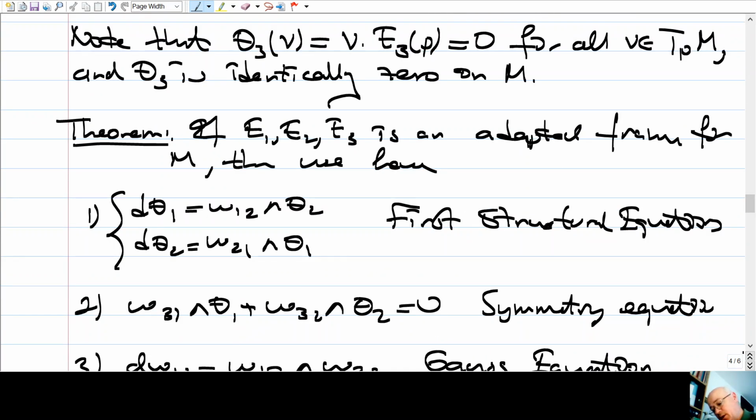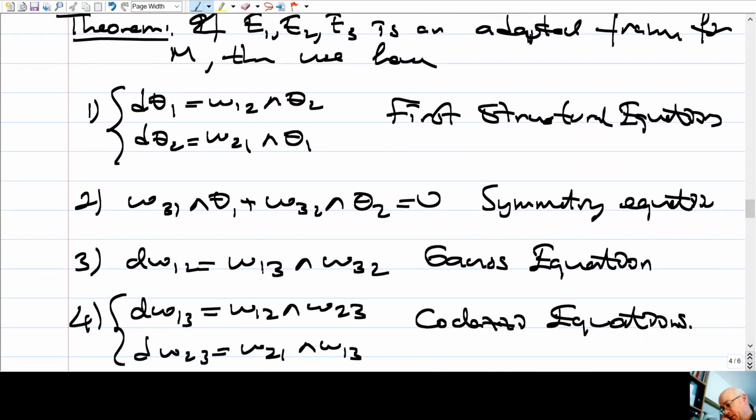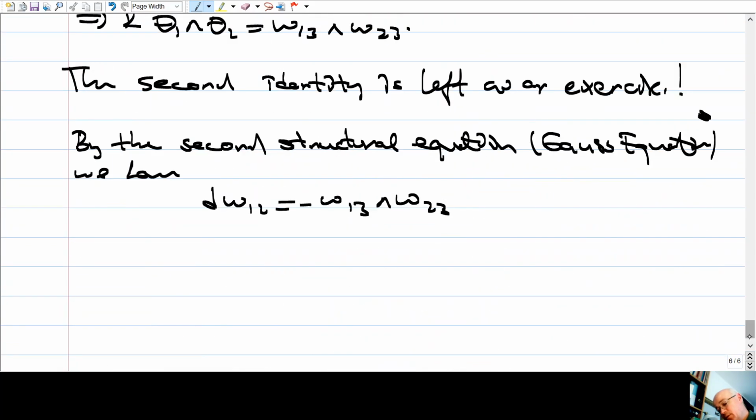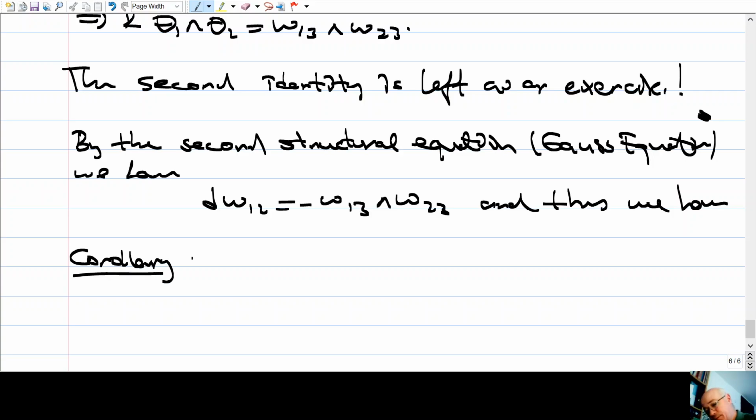Yes, the Gauss equation, which was this. And thus, if we combine this with the above theorem, we have a corollary: d omega 1 2, which is equal to this expression, but this is equal to what?